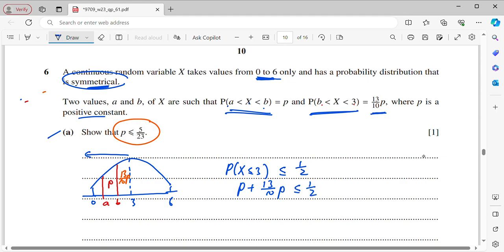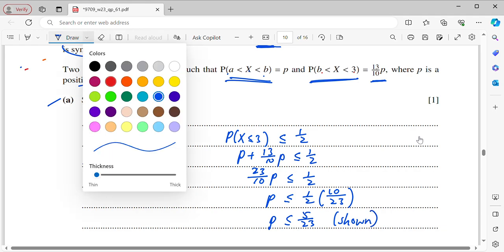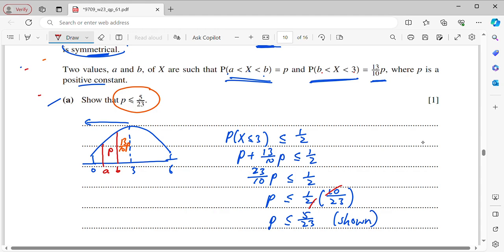When you calculate this, it will be 23 over 10p less than or equal to half. Therefore, p is less than or equal to half times 10 over 23, so p is less than or equal to 5 over 23. The half and the 10 can be cancelled off and simplified. So that's all for this solution.